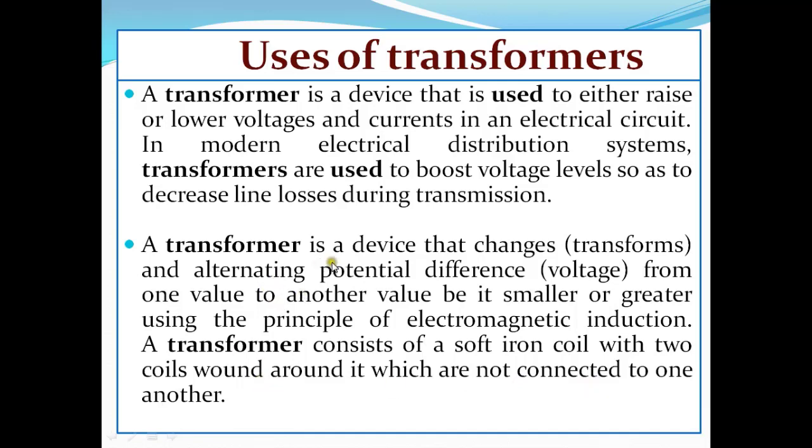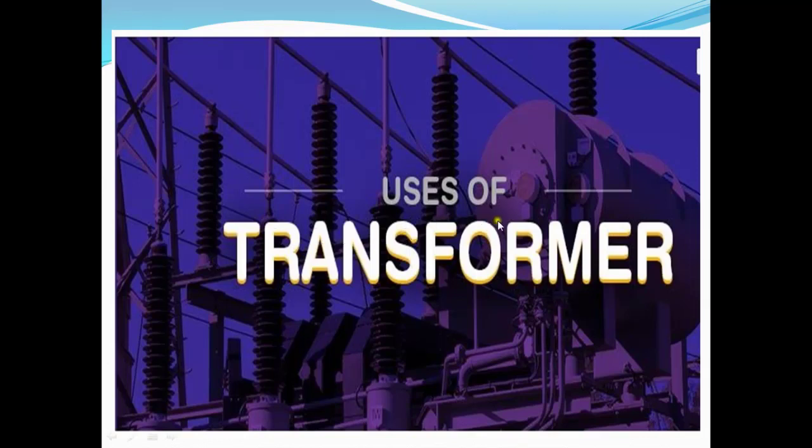In this we have also seen the different uses of step up and step down transformers. Some of the uses of transformers you can see from this picture. The big transformers are seen here.